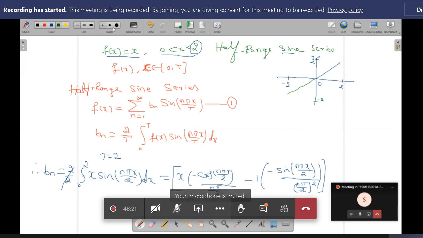In that case we consider the full interval -2 to 2, and the function looks like an even function. So if you wish to extend with the cosine terms, the graph looks like this, and if you wish to extend with the sine, the graph in the interval -2 to 2 looks like this.